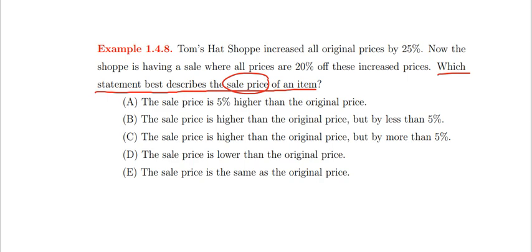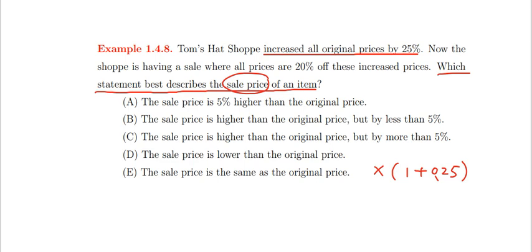It says increase original price by 25%. So what's the original price? We put x as the original price. Increase the original price by 25%, so this means the price now is x multiplied by 1 plus 25%.